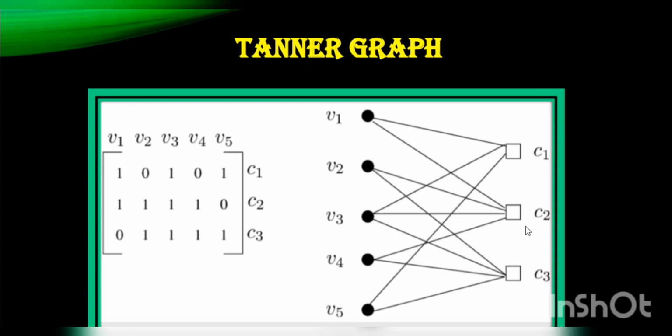For example, the entry of the first row and first column is 1, so there is an edge between V1 and C1. But the entry of the first row and second column is 0, so there is no edge between V2 and C1. In the same way, we specify the other elements. The advantage of this technique is that it is computationally tractable.